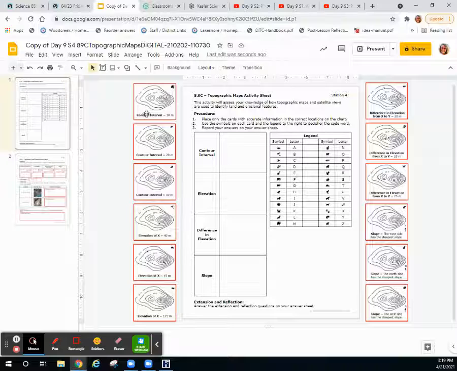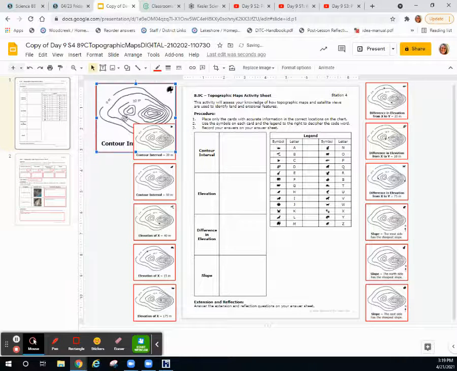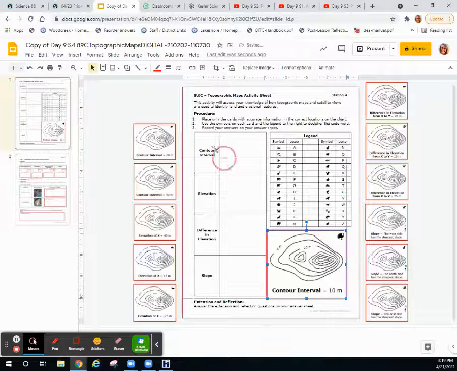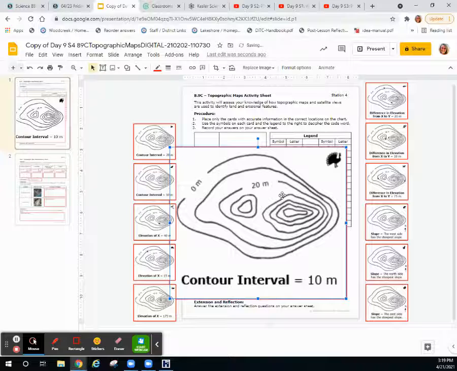Okay, so the contour interval is how much each line on a topographic map changes by. So if I enlarge this image so we can look more clearly at the contour interval, we need to calculate how much each line is changing by. So here we have 0 meters, which is sea level, and then it skips a line and goes to 20 meters.